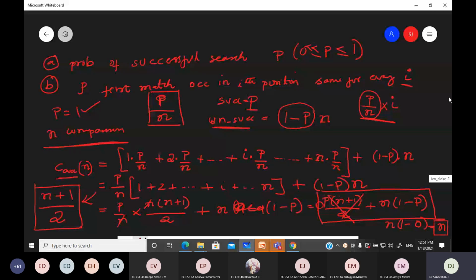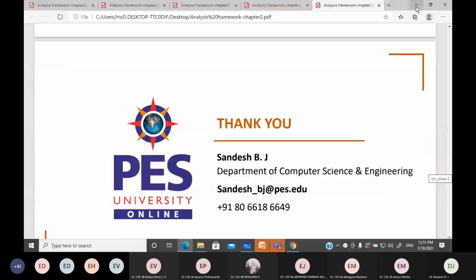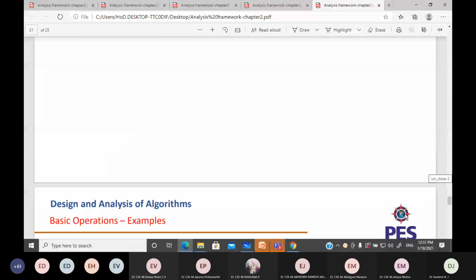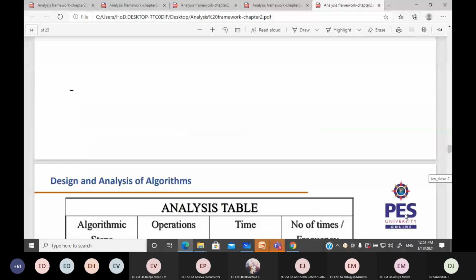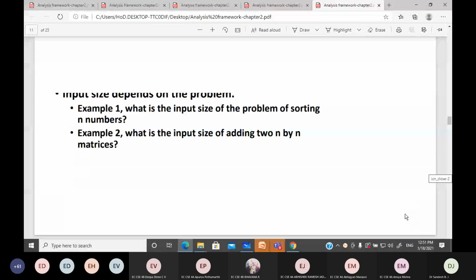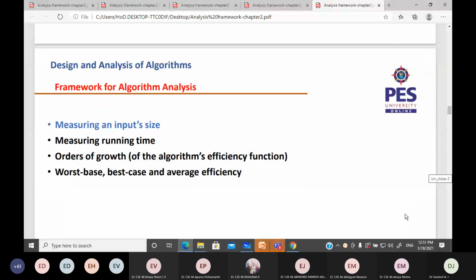So what is the framework which we have come up with? What does it say? Our framework says, given a problem, you are going to measure the size of the input.